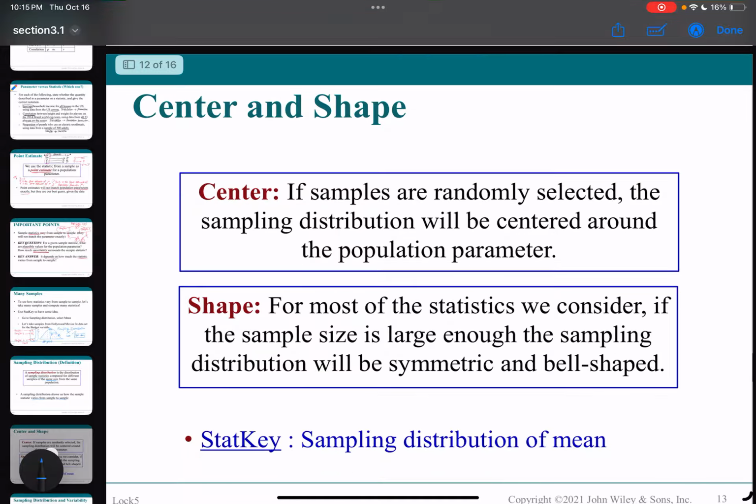In the sampling distribution, since it looks like this, it has a mean, or it has a center, and also we can measure the shape, or we can measure the spread by using standard deviation.